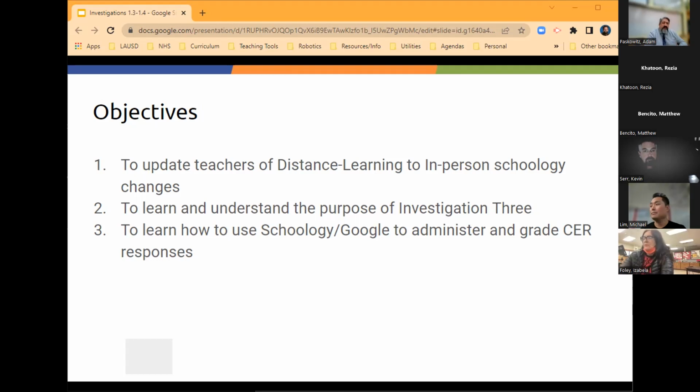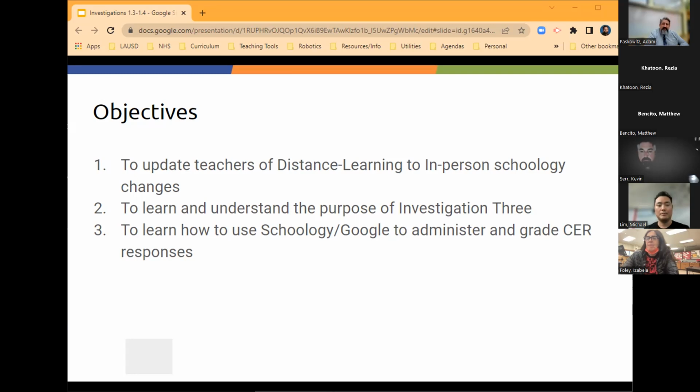We're going to do an overview of investigation 3 in the first half of today, and then investigation 4 in the second half. And we are going to look at how to administer and grade CER responses through Schoology. We actually get to the point in investigation 3 where students are required to provide a CER response, and they actually do a reading on CER, and they are going to be expected to do more of these in the future.